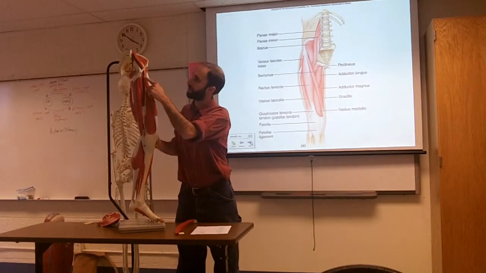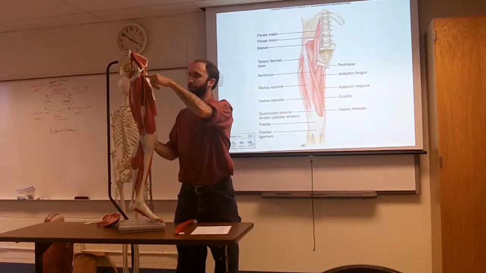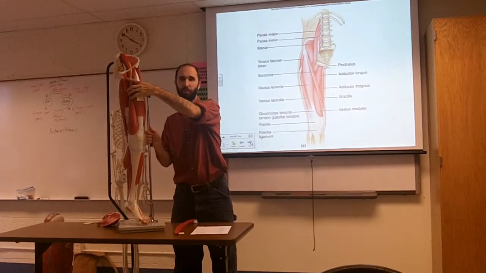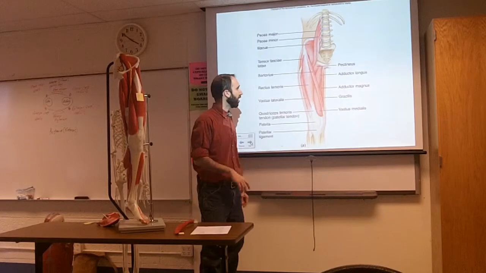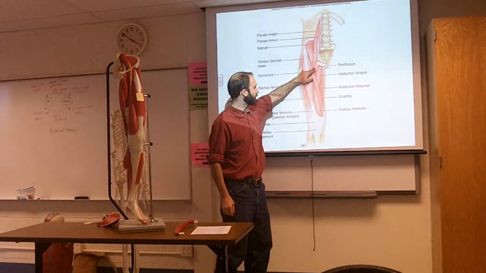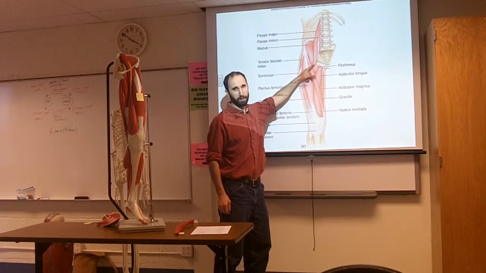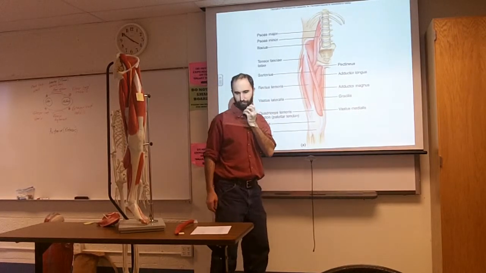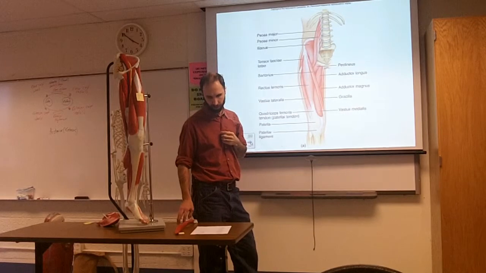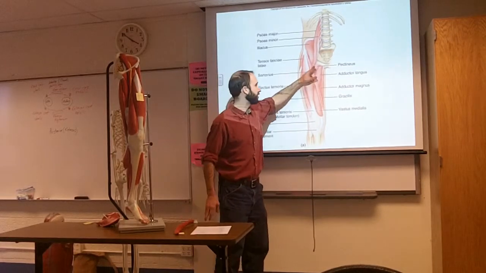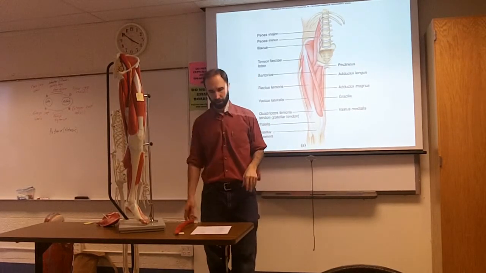So pectineus is most lateral over here. I was pointing to the right one, but that's the wrong word. So pectineus is just a short muscle, touches in the more lateral part of the pubic bone there. And then this goes and just attaches to the anterior part of your femur.